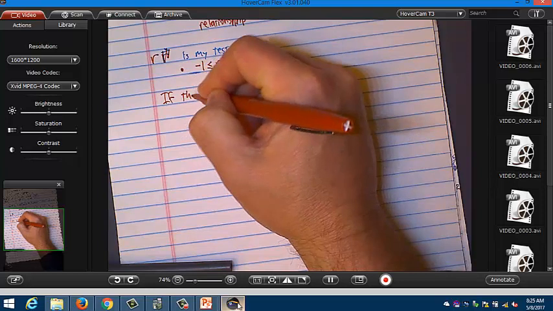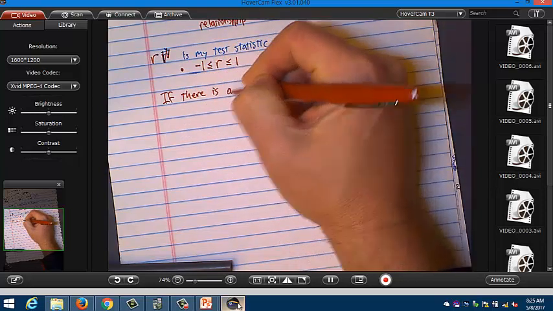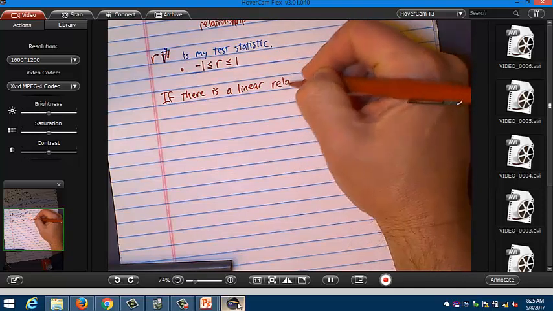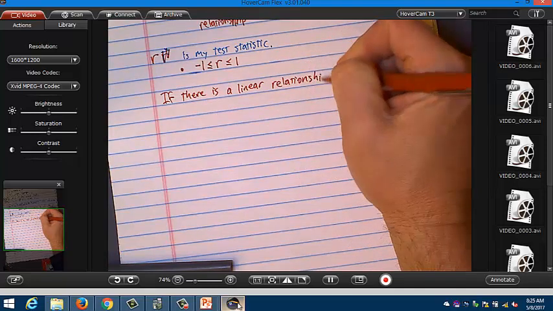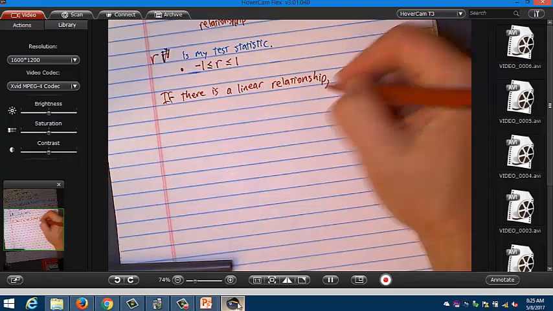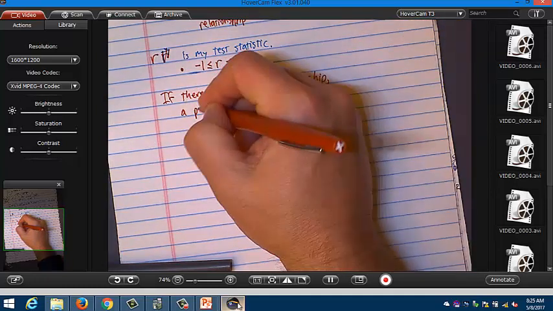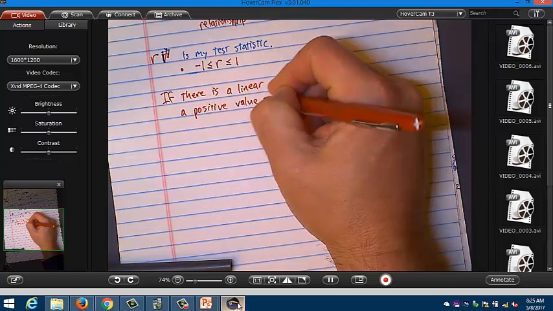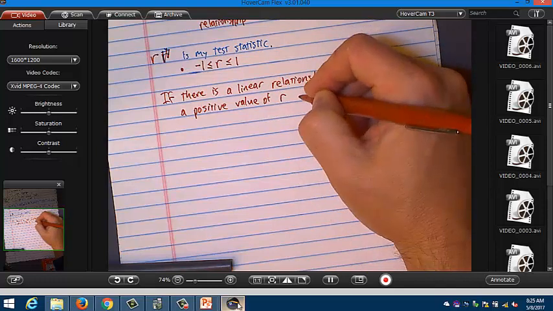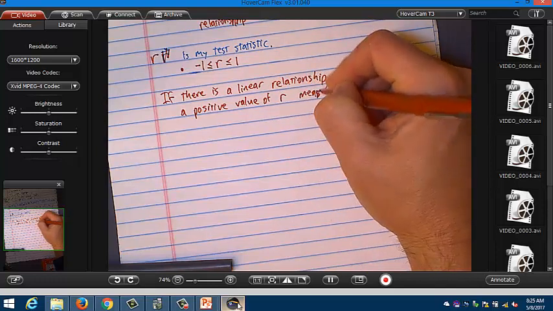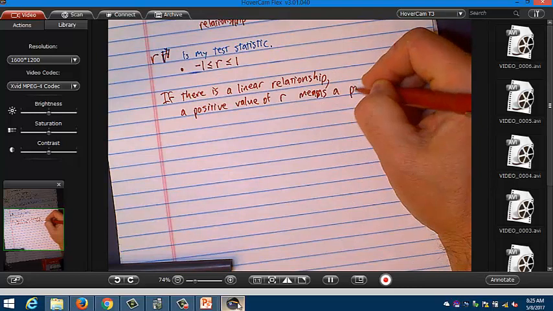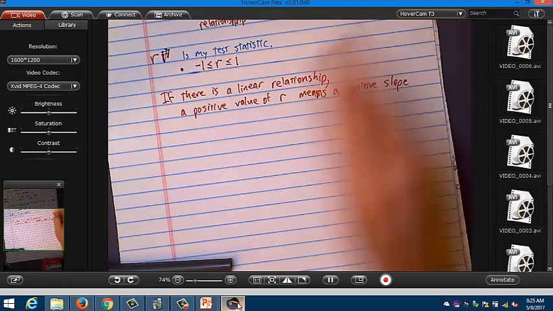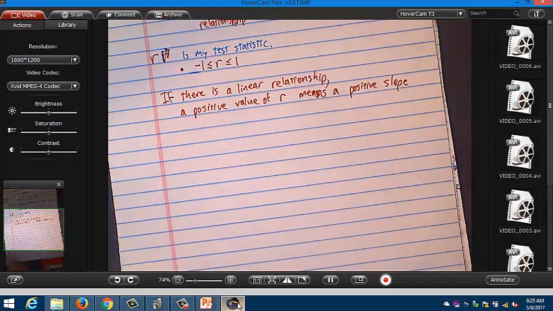If there is a linear relationship, a positive value of R means a positive slope. Now here's an old idea you guys had back in algebra class, right?